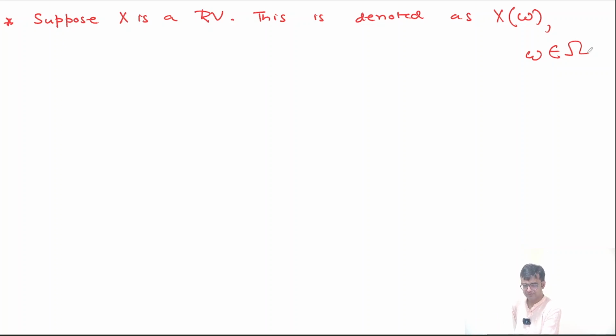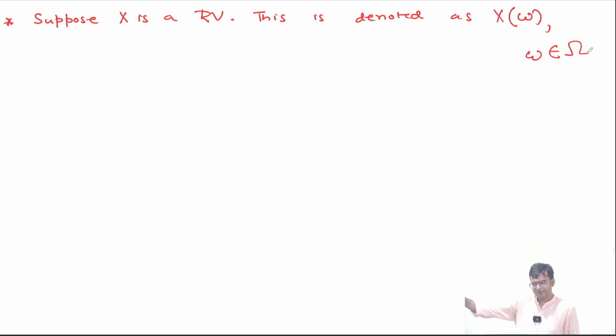So from that space you have omega, which are some set of random variables, let's say standard Gaussian. And now your random variable is a function of that standard Gaussian, so you write it as X(omega). Now when I am saying standard Gaussian, that's just an example I am giving, it need not be standard Gaussian, but it is some random variable from the probability space.